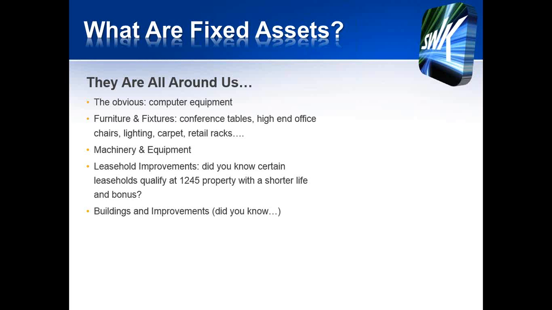But when we put our investigation hat on and dig a little deeper into that bulk entry, which could be, let's say, $2 million, because I've seen that before, or just 500,000, you'll notice there are lots of things in there that could be considered personal property, that could qualify for a shorter life and maybe bonus back in the day, right? And if that comes back around, you want to make sure you're capturing that correctly.